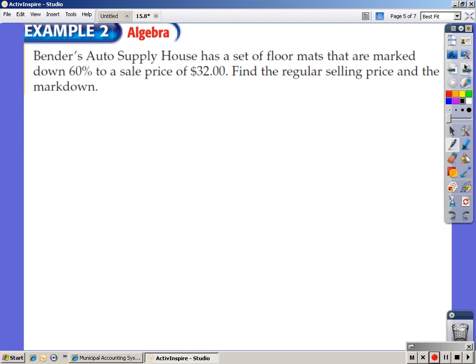Okay? So, Bender's Auto Supply House has a set of floor mats that are marked down 60% to a sell price of $32. Find the regular selling price and the markdown. Okay, so the first thing I want to find is my regular selling price. All right?